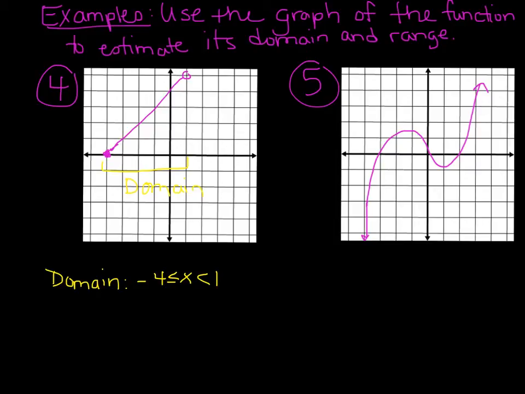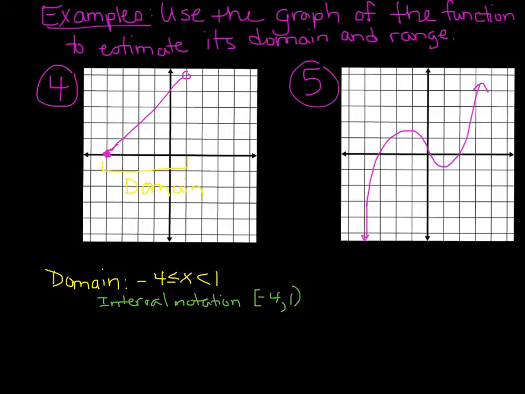Unfortunately, I'm going to make this a little bit harder on you in this case, because I'm going to ask you to write it in what we call interval notation. So we're going to use the same numbers, but this time we're going to write it as -4, 1.